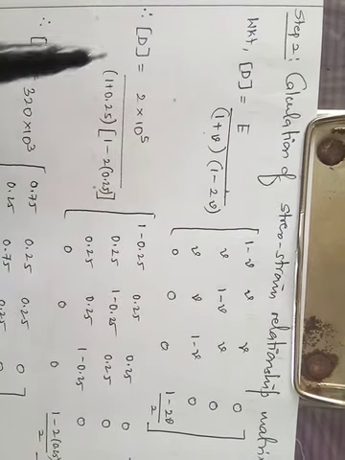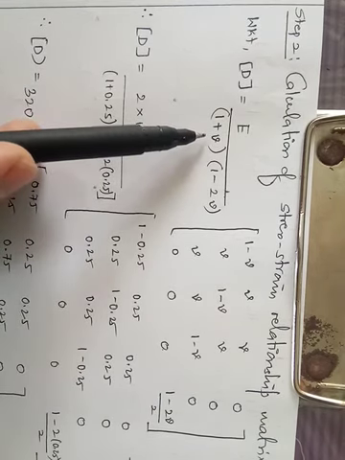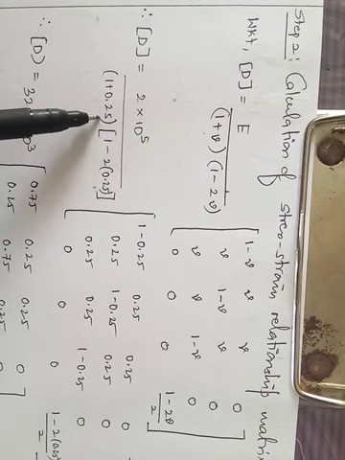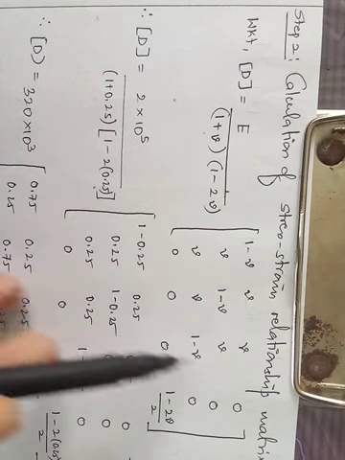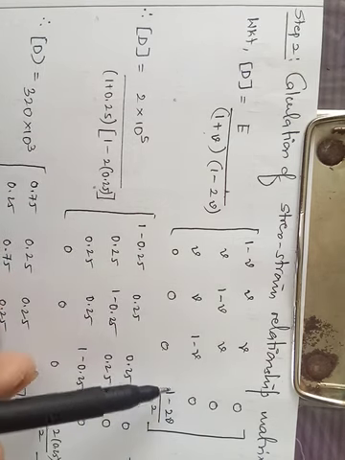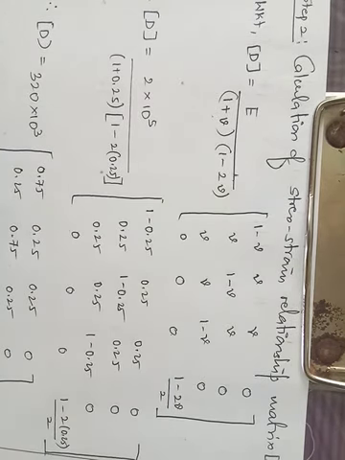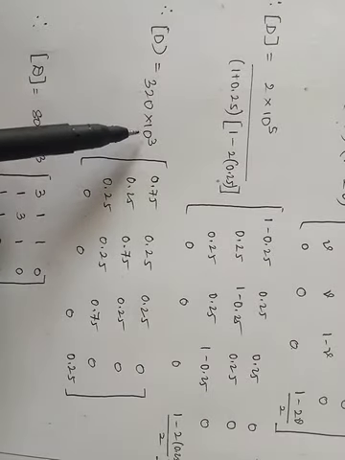Next, D is equal to E value, which I have calculated as 2 into 10 raised to 5. The nu value, which is Poisson's ratio, has been given to us in the problem as 0.25, so I have put it as 0.25, and 1 minus 2 into 0.25. Wherever nu values are required in this matrix, you put the value as 0.25. If you put all those values and simplify, we get the next step, which is 320 into 10 raised to 3.